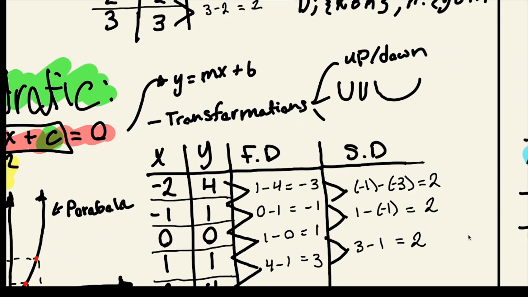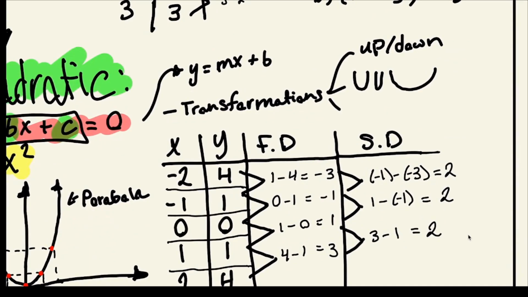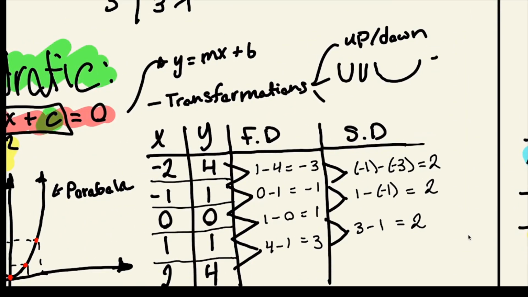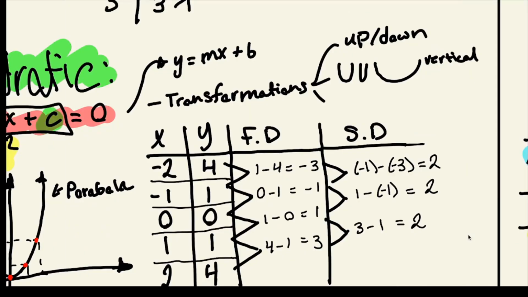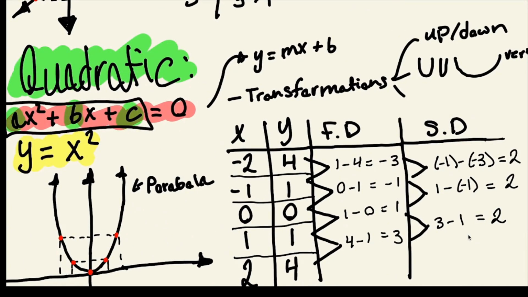Right now, you're going to stick to what's called a vertical stretch or compression, and that basically determines if the parabola that you're graphing is skinny or wider. We'll get more in depth about that, but today, again, focusing on just what a quadratic is and how it can be transformed and translated.